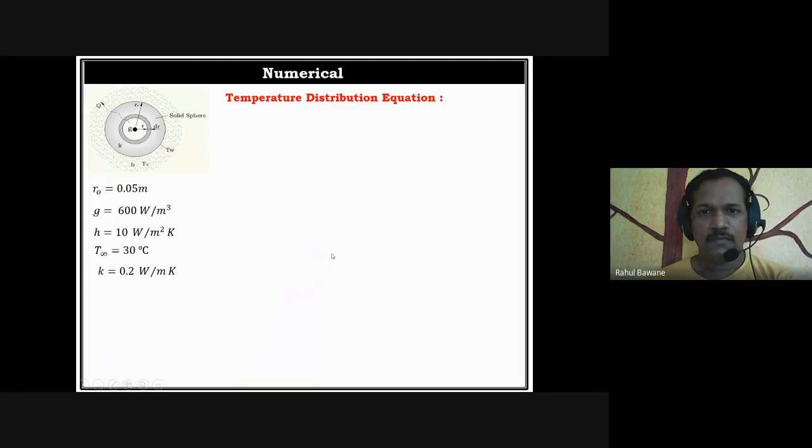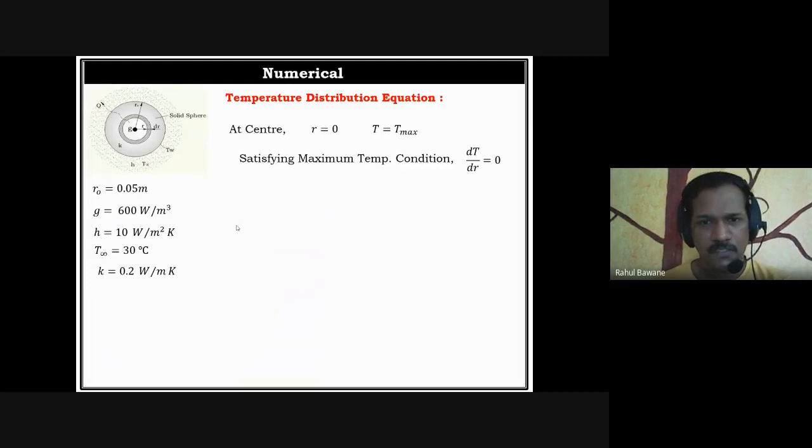Now at this condition we have two boundary conditions. At the center, where R is 0, the temperature becomes T max. As the temperature becomes T max, that means it is definitely satisfying the maximum temperature condition, that is dT by dr equal to 0. So this is our first condition at the center.